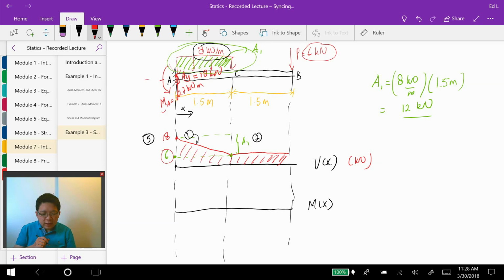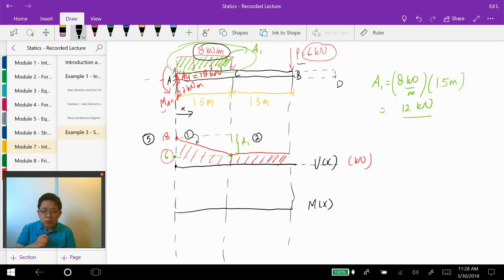One thing that I would like to mention though: for example, if this beam is lengthened to point D, and P is still applied at B, what would you expect of the shear diagram from B to D?